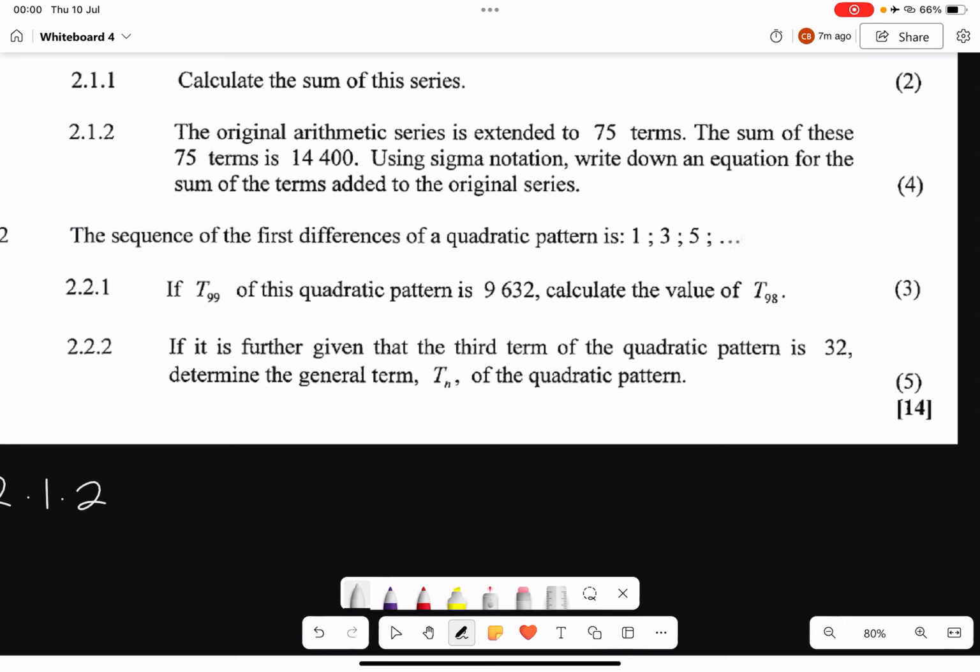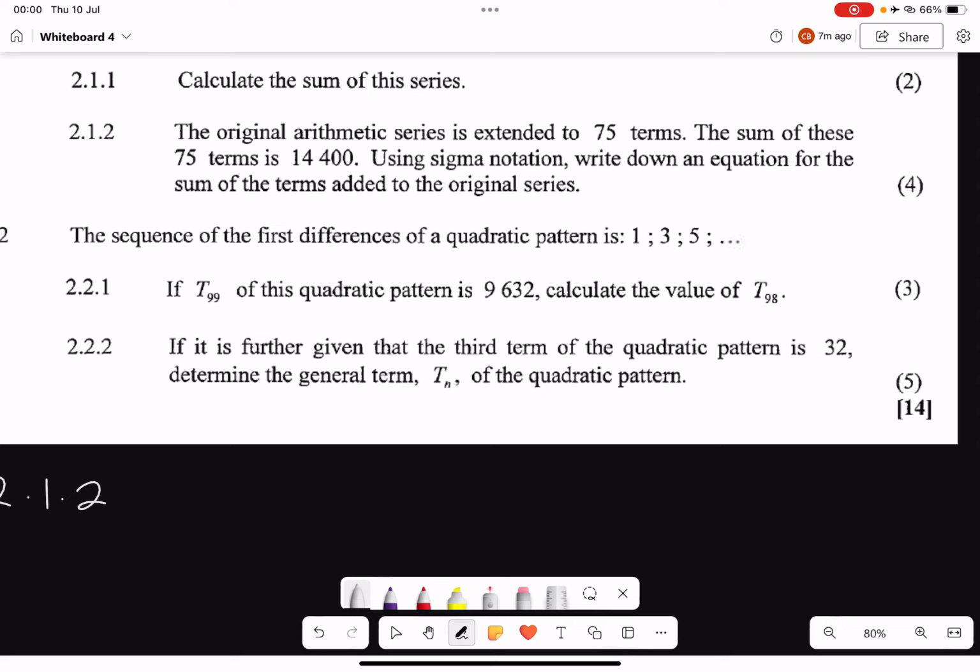We need to write the expression using sigma notation for the sum of the terms added beyond the original 20 terms. All right, perfect. So here, let's break it down step by step.